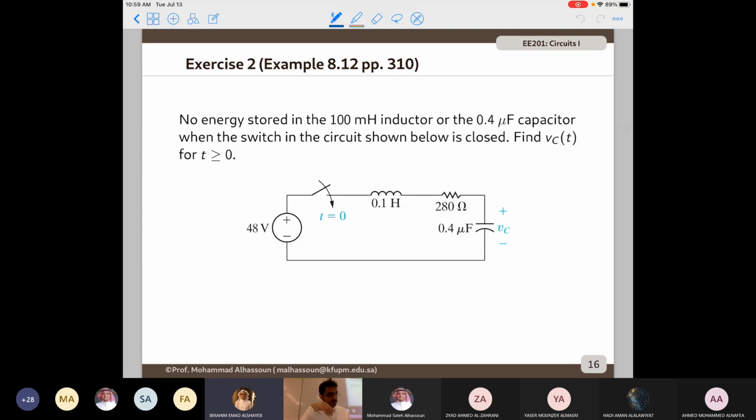Why did we say that P1 prime is negative 48? For any initial value problem, you will have a differential equation like this.